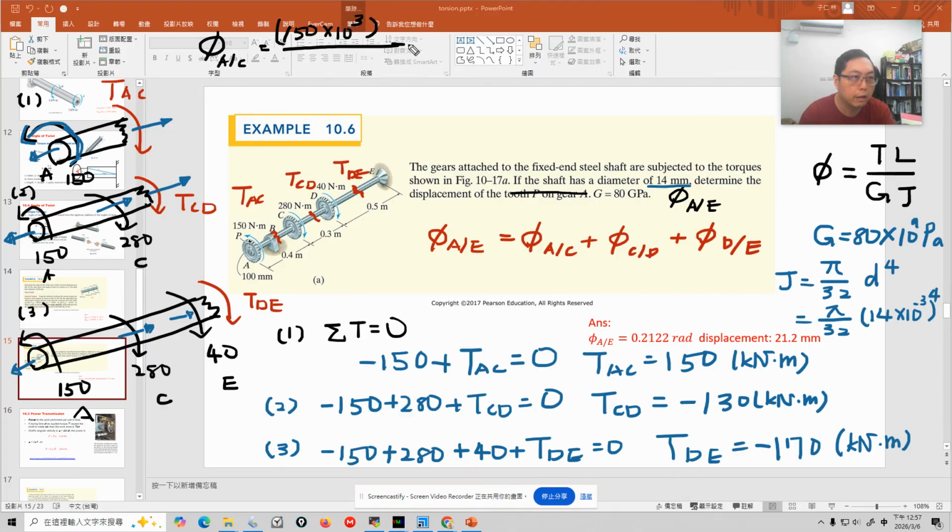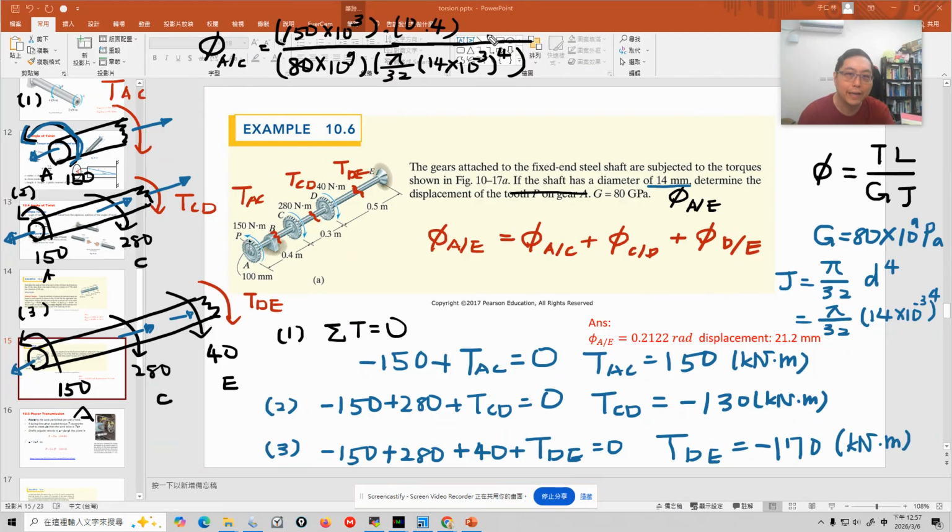And what's the length for the AC section? AC section is 0.4. And what is GJ? G is 80 times 10 to the power 9. J is pi over 32 times 40 times 10 to the power minus 3, to the power 4.